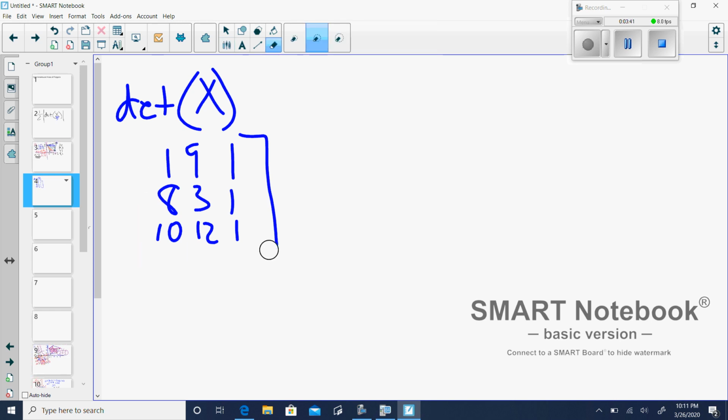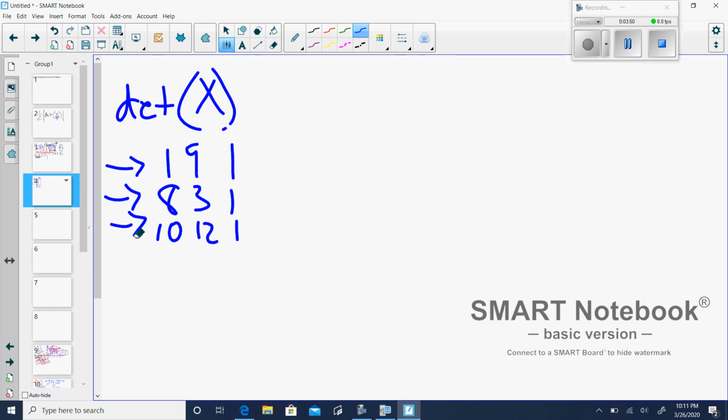Now, since I want the determinant, and by the way, you can put this into your calculator, you can create a 3 by 3 matrix, 3 rows by 3 columns, and have the calculator calculate this for you. But it's easy enough to do this out by hand.